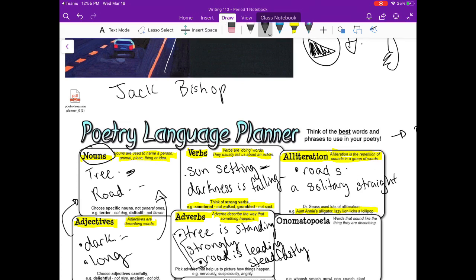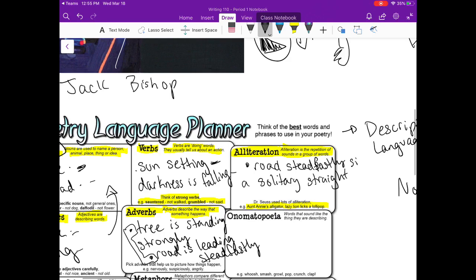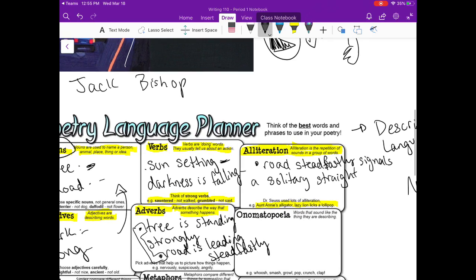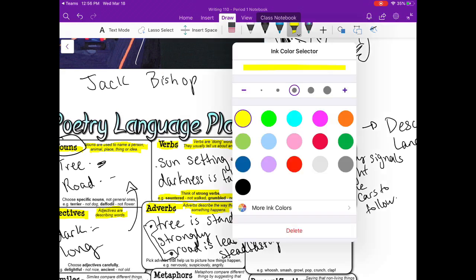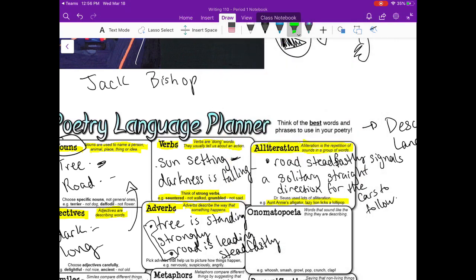The road steadfastly signals solitary, straight direction for the cars to follow. Okay, I know my writing's a little bit messy, I apologize. These are very tiny boxes. So, steadfastly signals a solitary straight direction for the cars to follow.